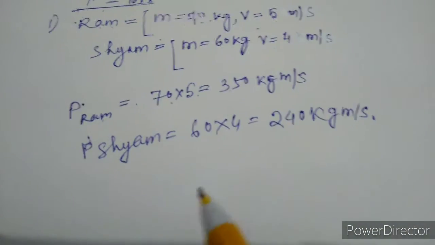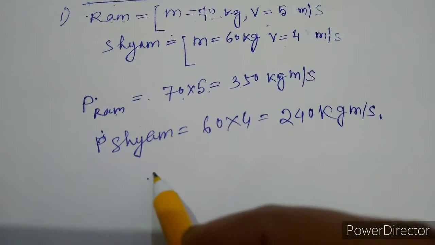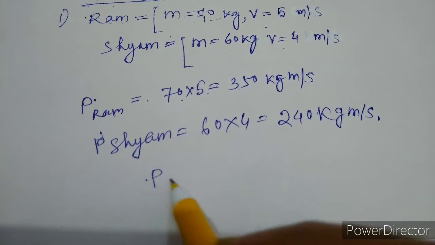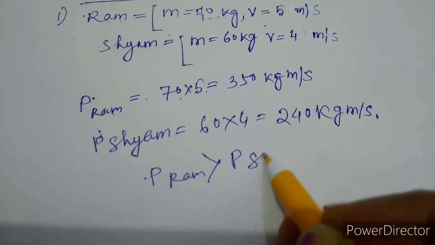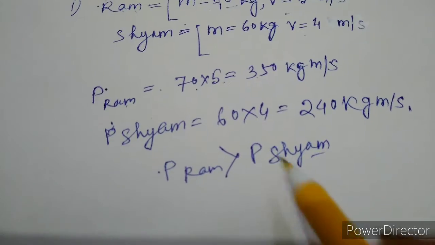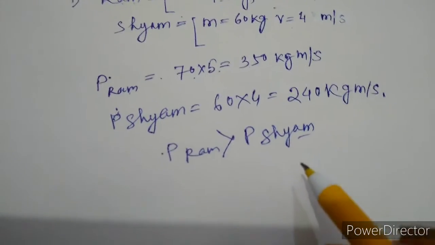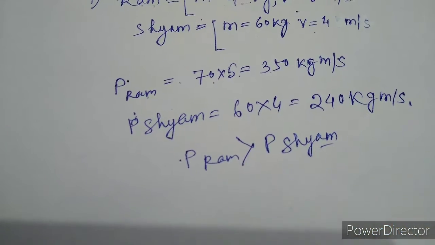So you can say whose momentum is more. You will simply write that momentum of Ram is greater than P Sam. In this way you can calculate whose momentum is greater.